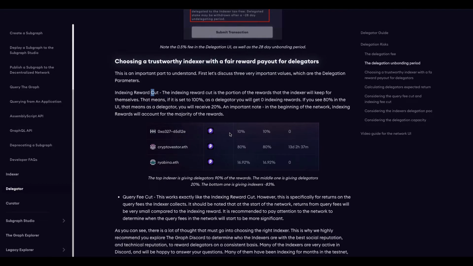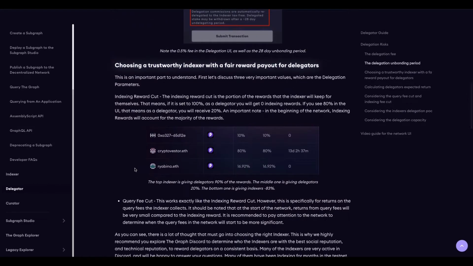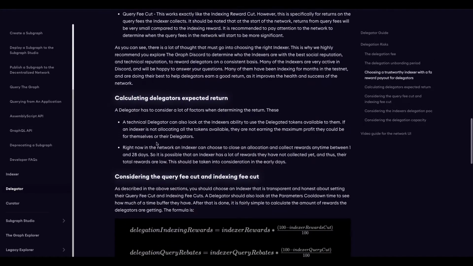That means the indexer will earn 10% and you, the delegator, will earn 90%. But for the second indexer, the indexer will earn 80% and you will earn 20%. It's basically the same concept with query fee cut. So when you're choosing an indexer, you want to choose the lowest percentages possible.